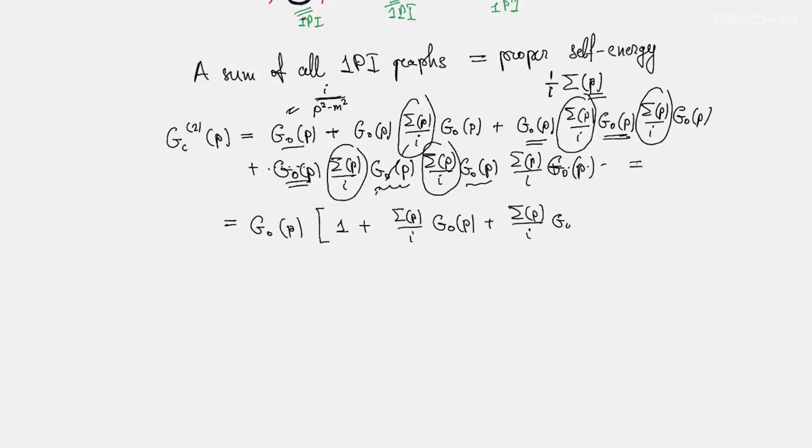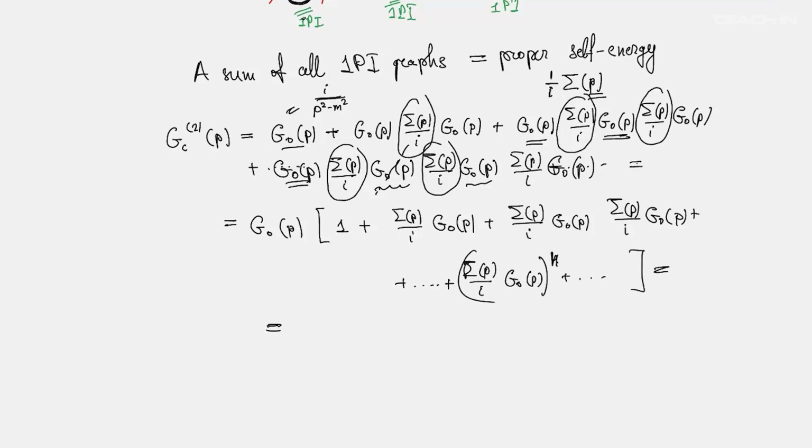At n-th order, you will get something like sigma of P over i, G0 of P to the power n, right? And so on. Which tells you that what you have in the brackets is a geometric series, which you can elementary sum up.